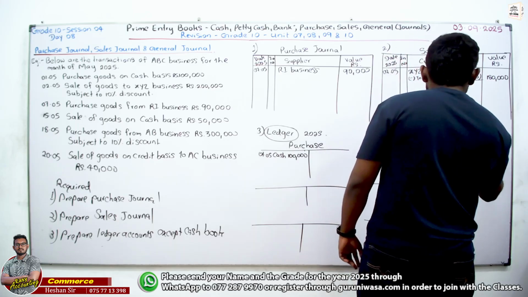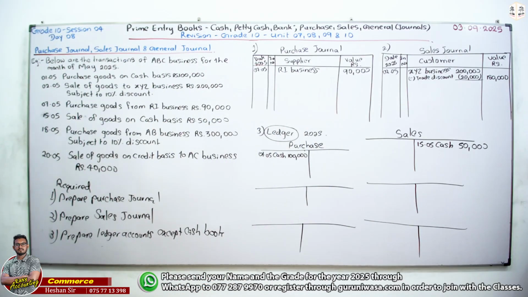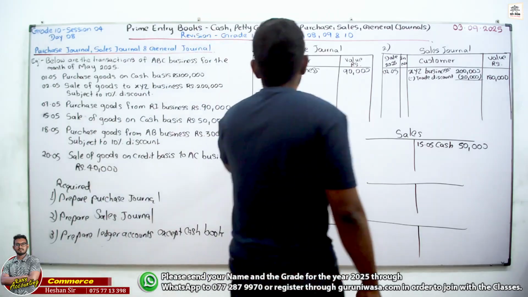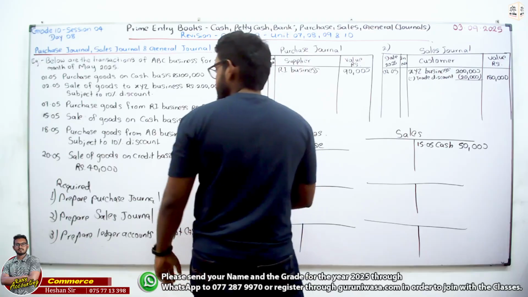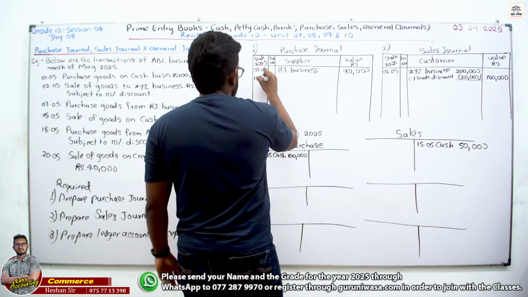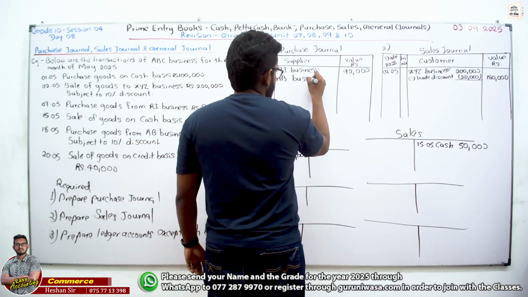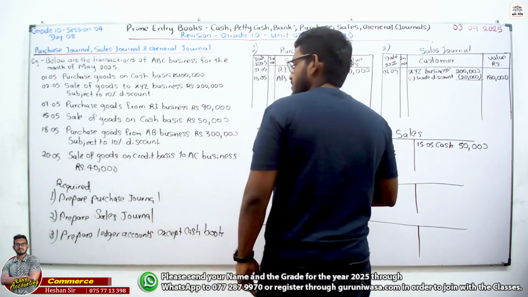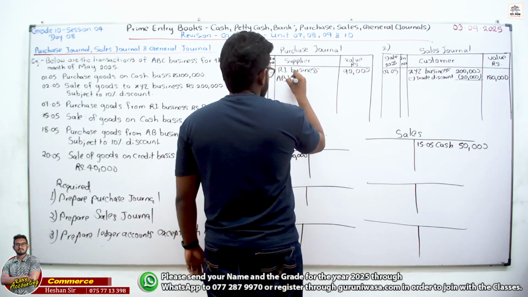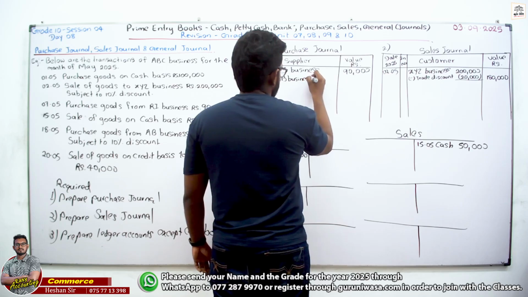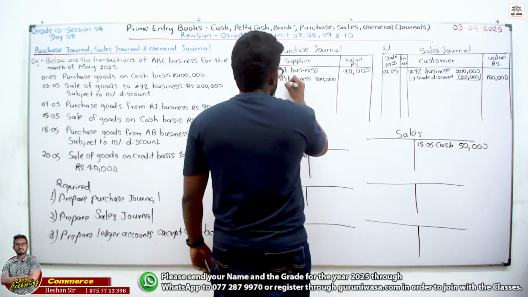They are not asking us to prepare the cash book. Purchase goods from AB business 300,000. So this is 18th of May from AB business. How much is the value? 300,000 is the price. There is a 10% discount.